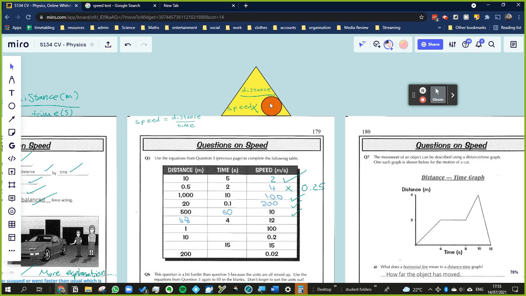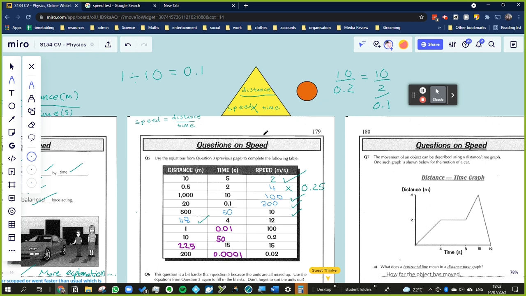Now we want to work out distance, so we cover up distance, and it's 4 times 12, which is 48. So that's correct. Now let me pause it here, see if you can do the rest of them, maybe using red to do the rest of the gaps.